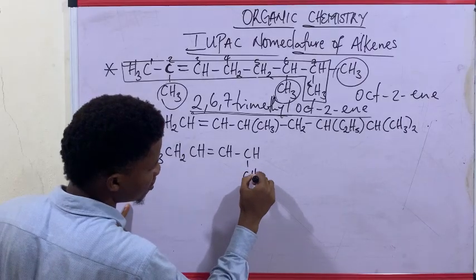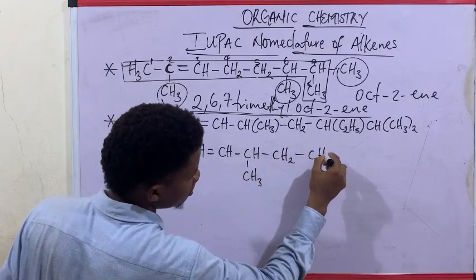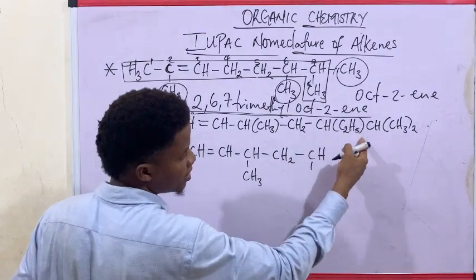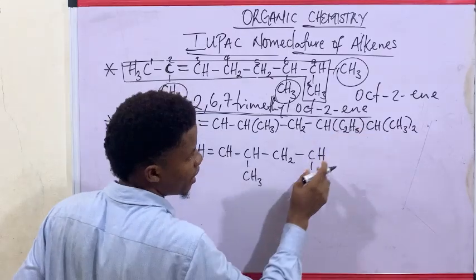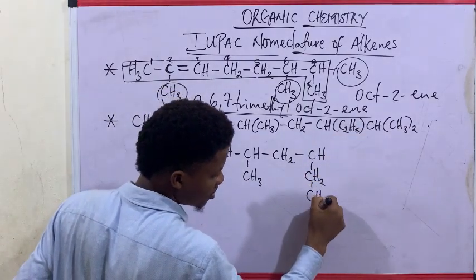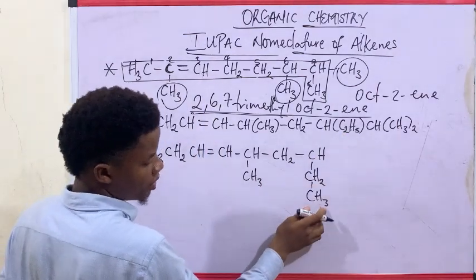Here we now have CH3, then CH2, then CH, C2H5. Alright, we're going to open this C2H5. So here it will be CH2, CH3. This is what we have as C2H5. So 2 carbons, 2 plus 3, 5.